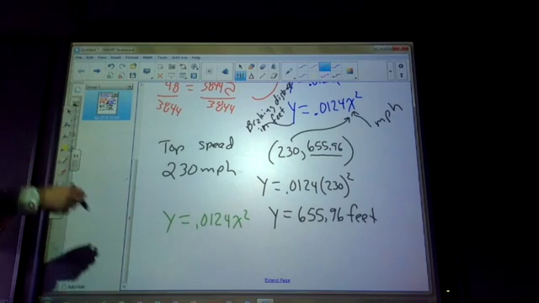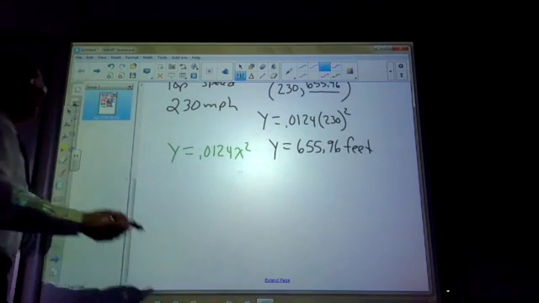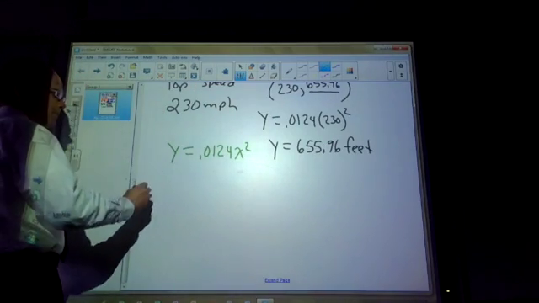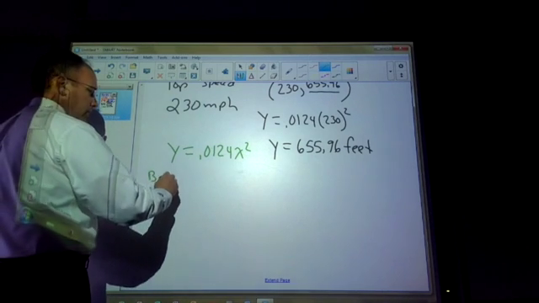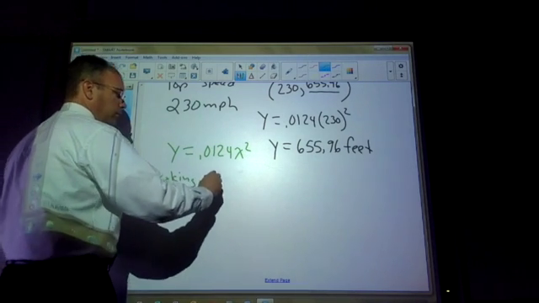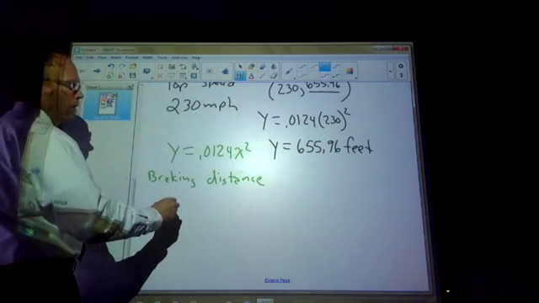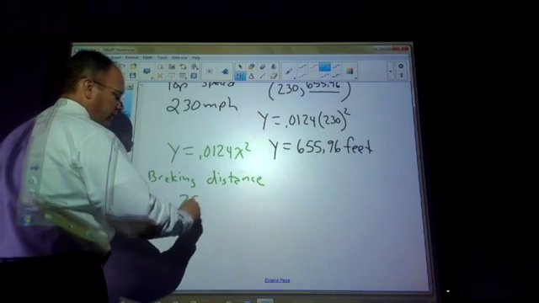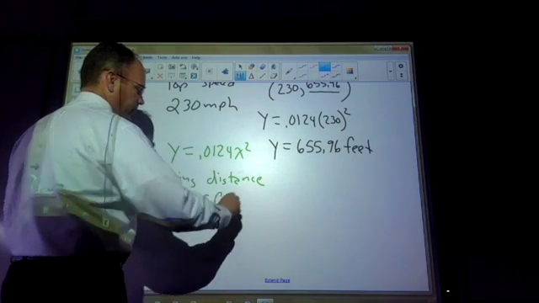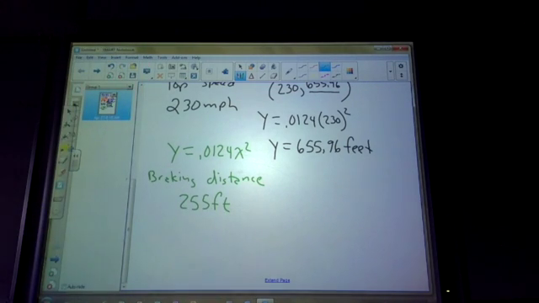Okay? Let's say they hit their brakes as hard as they can, and you notice that the braking distance is 255 feet. So you notice, like you were sitting out there going, here comes the car, vroom, vroom, vroom.